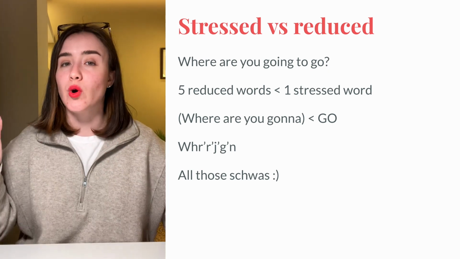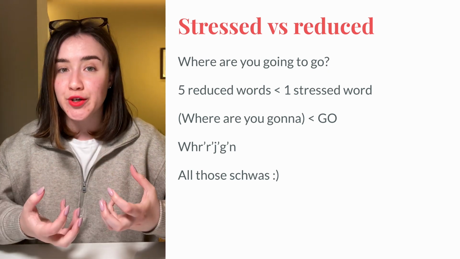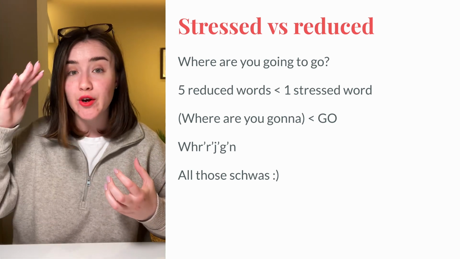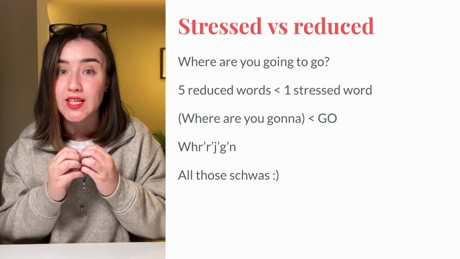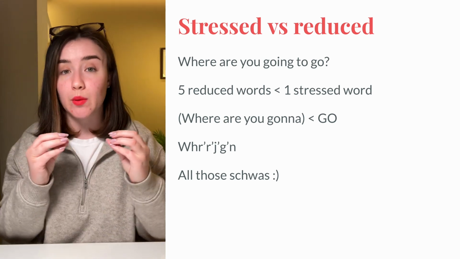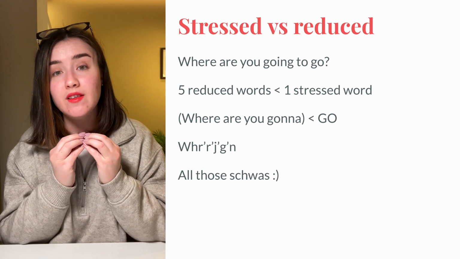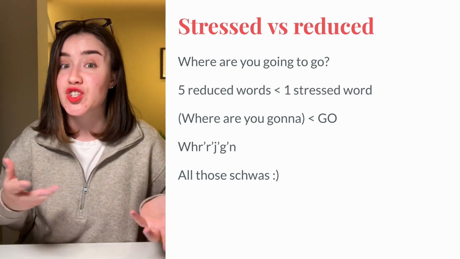They take up more space, more time, more energy, more volume, they're higher in pitch, and so on. So everything that is reduced is going to be smaller, softer, it's going to take up less time, and probably the vowels are going to end up being schwas, right? Because we don't have that much time for them.